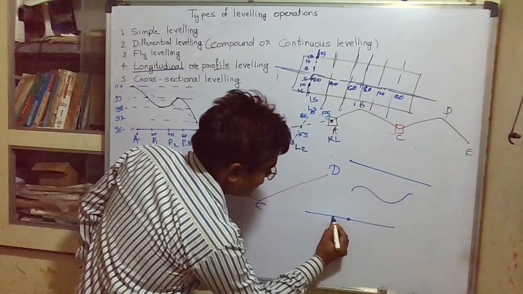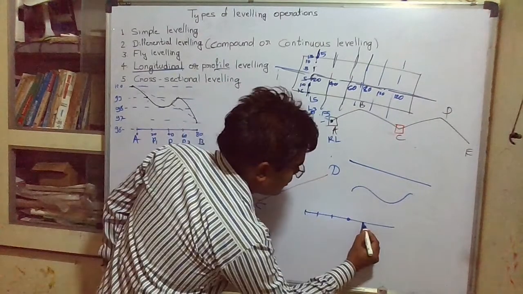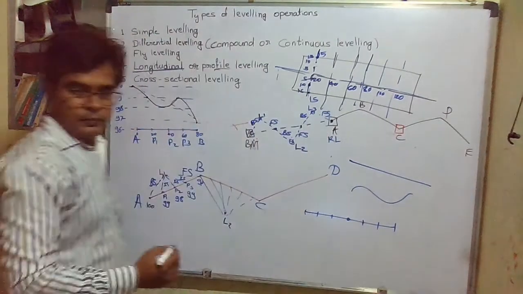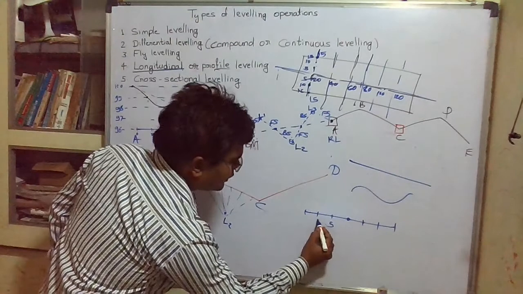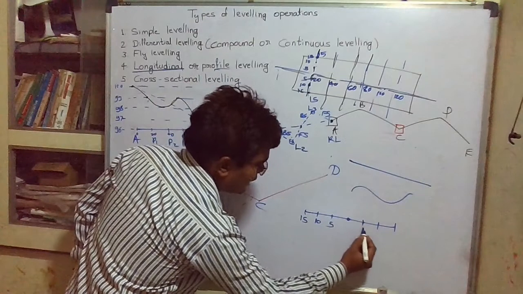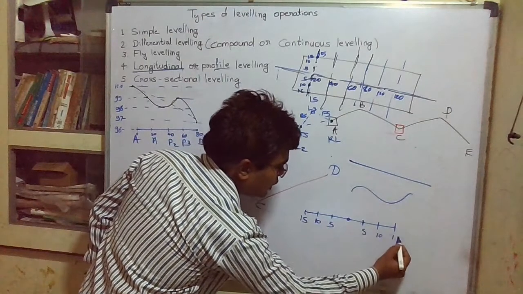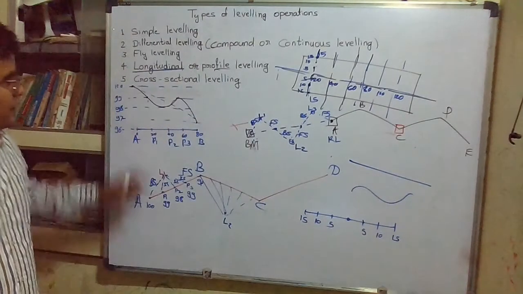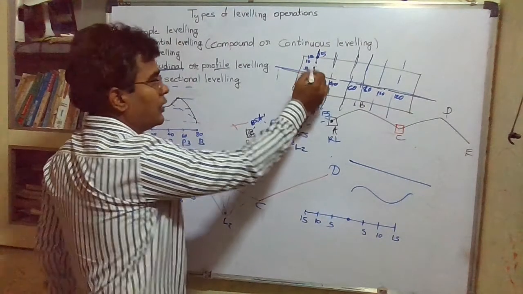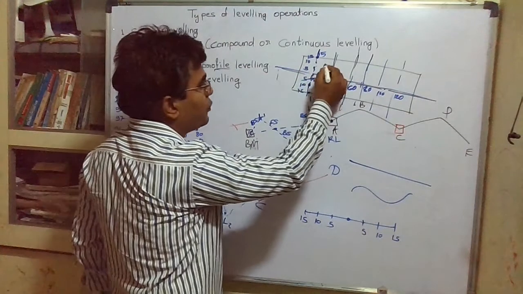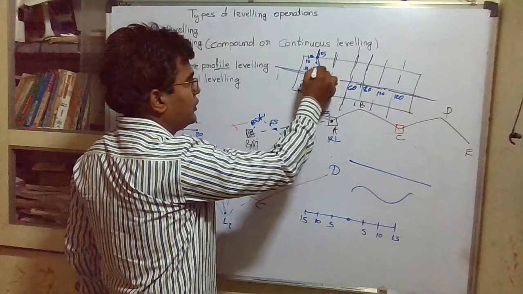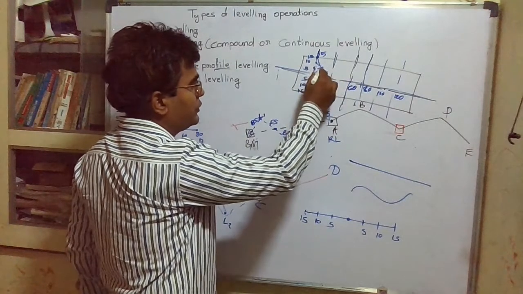This is the center line, and from it 5, 10, 15 on each side. Okay, 15 meter left of the center line, and 15 meter right of the center line. In the same manner, we will do leveling here also in cross section leveling. Again, we'll set the level at some point and take the RL. Suppose this point is L1, and we'll take the RL of all these points.